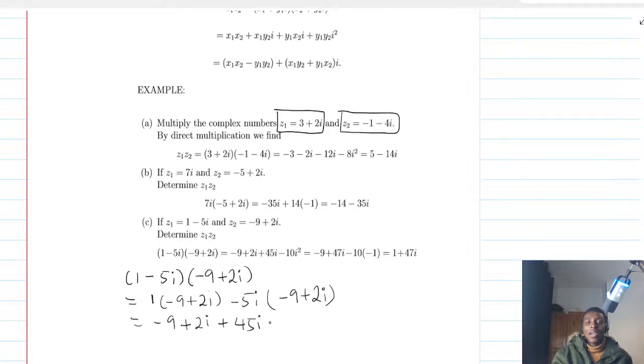So minus 10i, which is going to be what? Plus, because of the i squared. So finally we are going to get what? 1 plus 47i, which is the same thing as what is here. I hope the concept is clear.